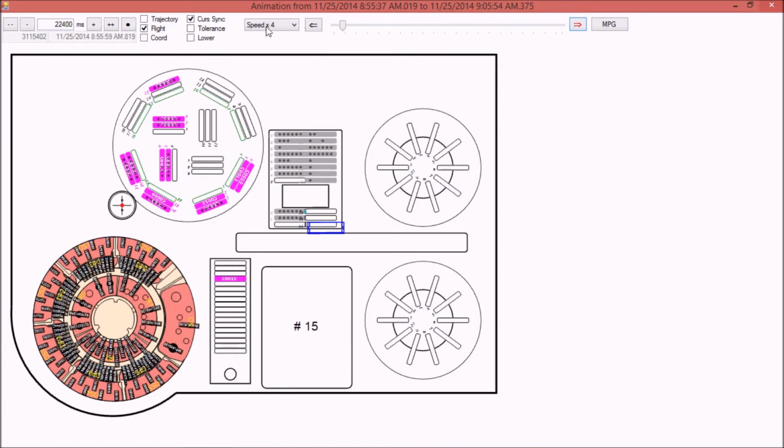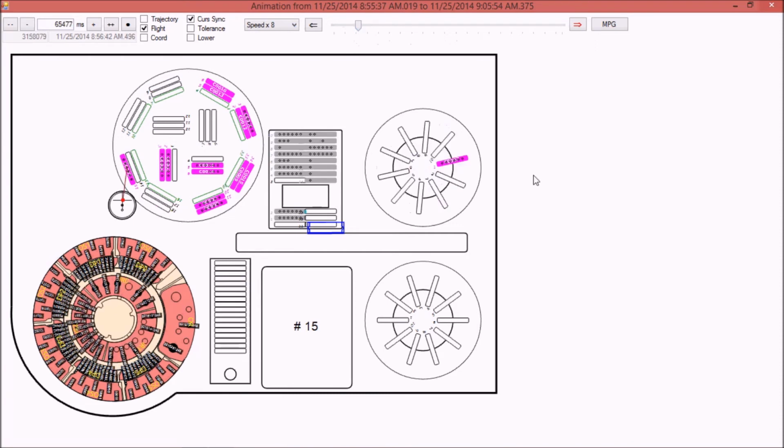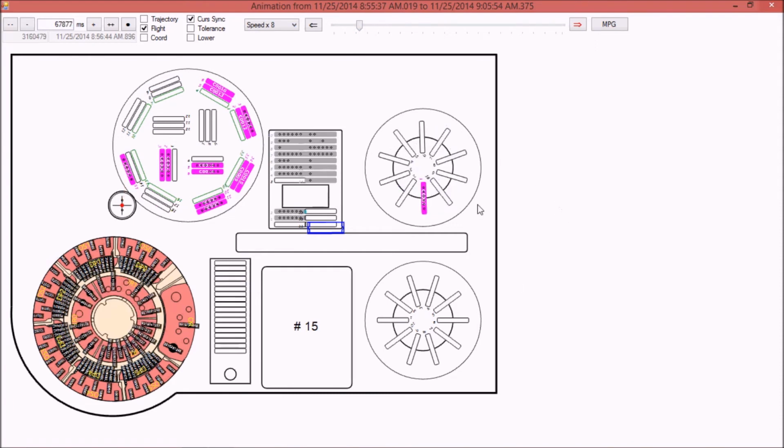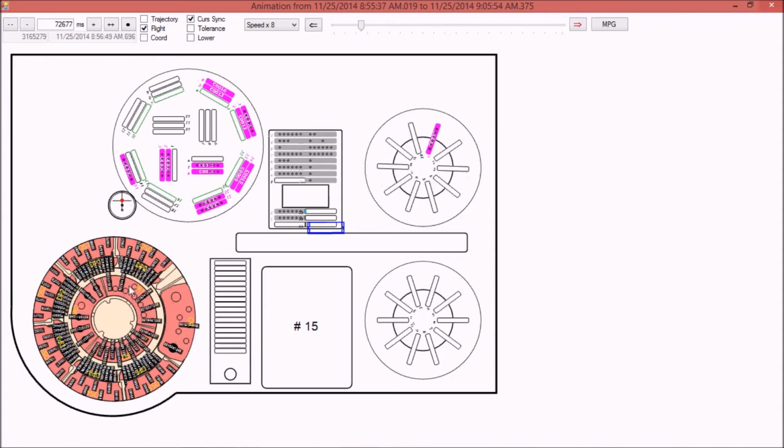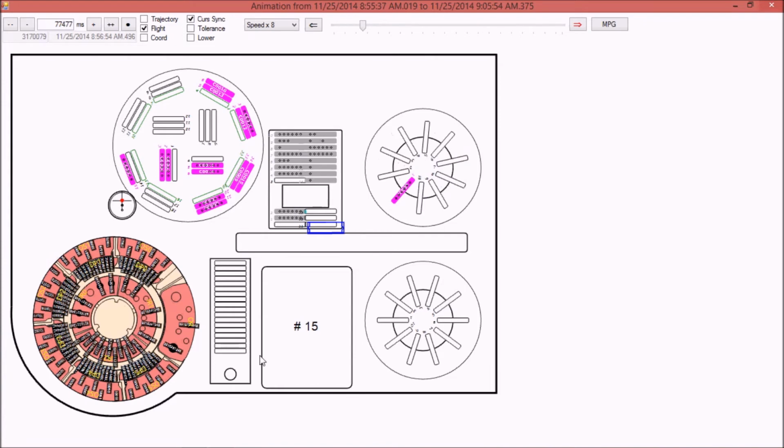For instance, we can go up to speed number 8 times the normal speed, and you can see the different subsystems moving contemporaneously. Of course, now we have the centrifuge spinning, we have this internal ring filled up with reagents that's moving to keep the reagents suspended.